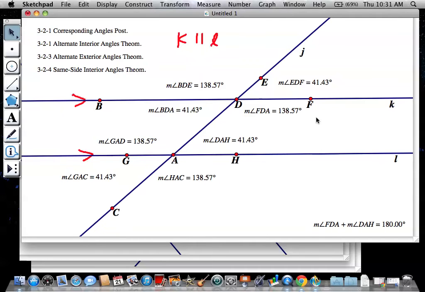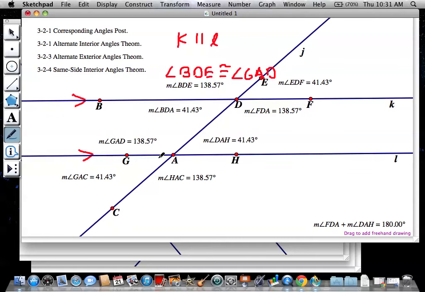Since the corresponding angles postulate says if they're cut by a transversal, then they are congruent, right here, this angle, 138, angle BDE is congruent to angle GAD. So these two angles are congruent, and that's what the postulate says.